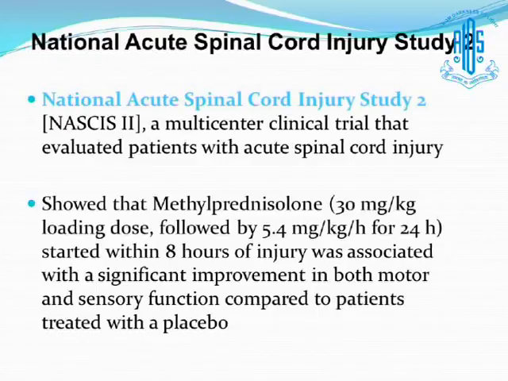It was a multi-center clinical trial that evaluated patients with acute spinal cord injury, and we extrapolated their result to traumatic optic neuropathy. It showed that methylprednisolone in a loading dose of 30 mg per kg body weight followed by 5.4 mg per kg per hour for the next 24 hours, started within 8 hours of the injury, was associated with significant improvement in both motor and sensory functions compared to patients treated with placebo.